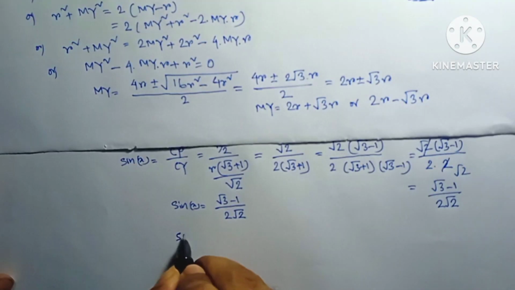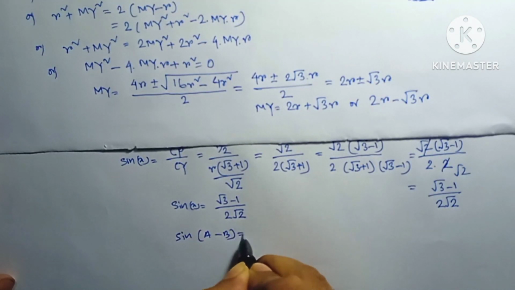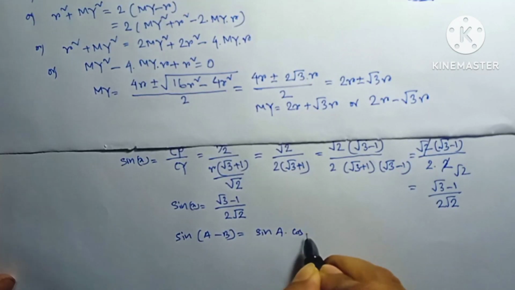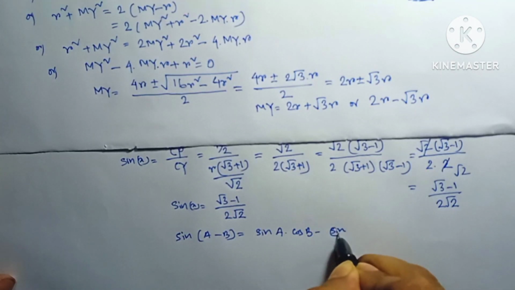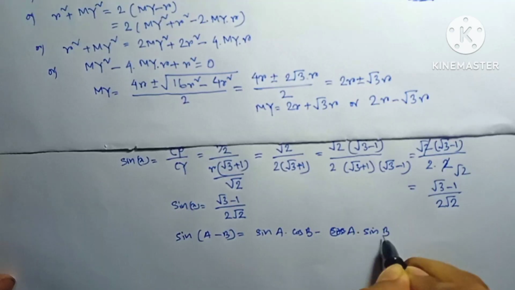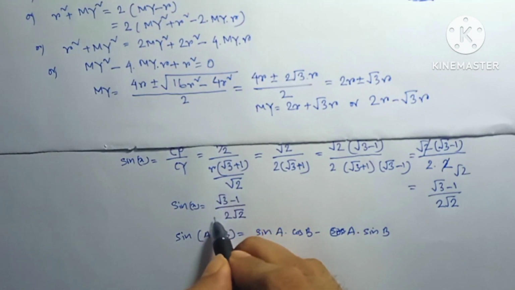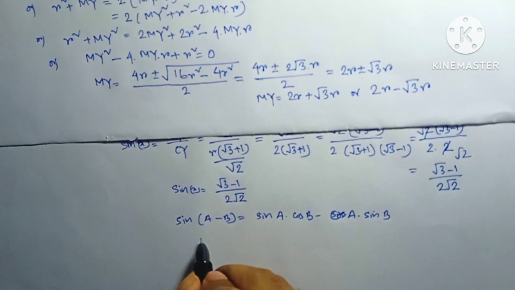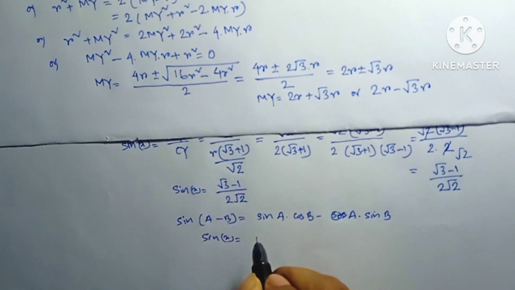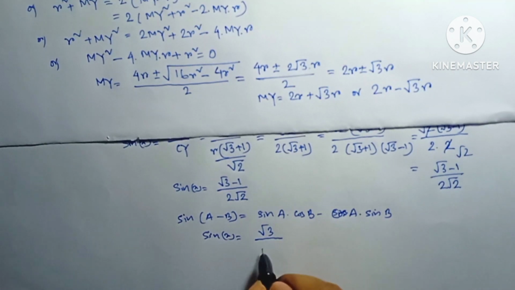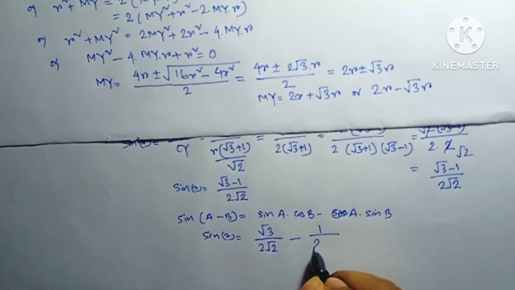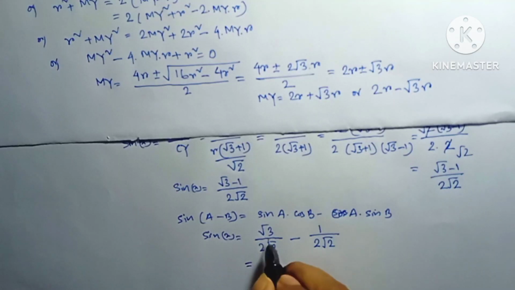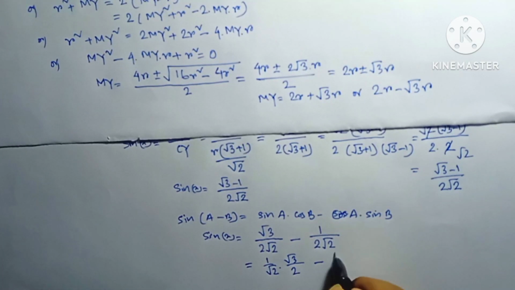We also know that sine of a minus b is equal to sine a into cos b minus cos a into sine b. So if we rearrange this term using the standard values of sine and cos, we can write sine of x as root 3 by 2 root 2 minus 1 over 2 root 2, which is equal to 1 by root 2 times root 3 by 2 minus 1 by root 2 into 1 by 2.